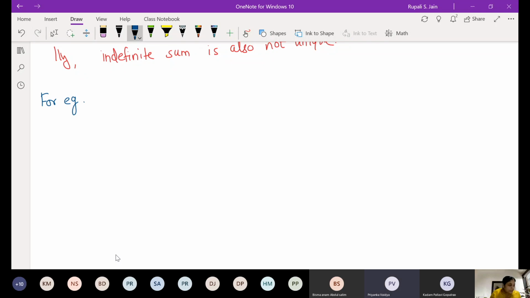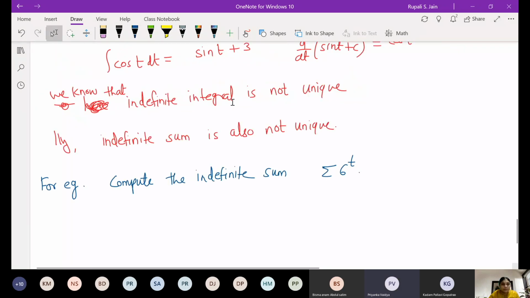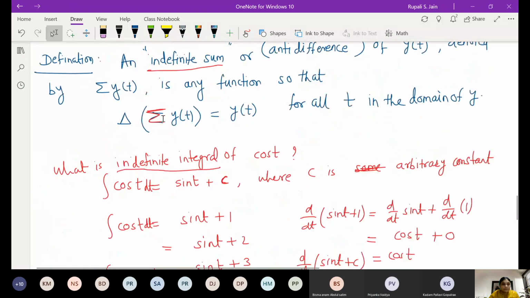For example, we will take an example: compute the indefinite sum, summation 6 raised to t. I want to find the indefinite sum of 6 raised to t. So what is the indefinite sum? This summation yt is called the indefinite sum.